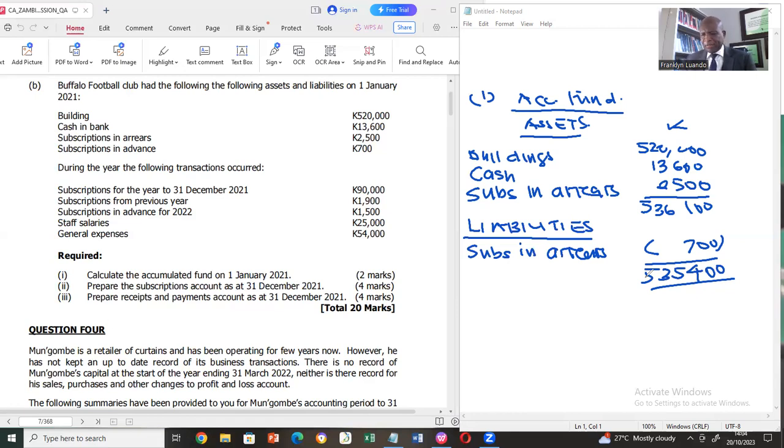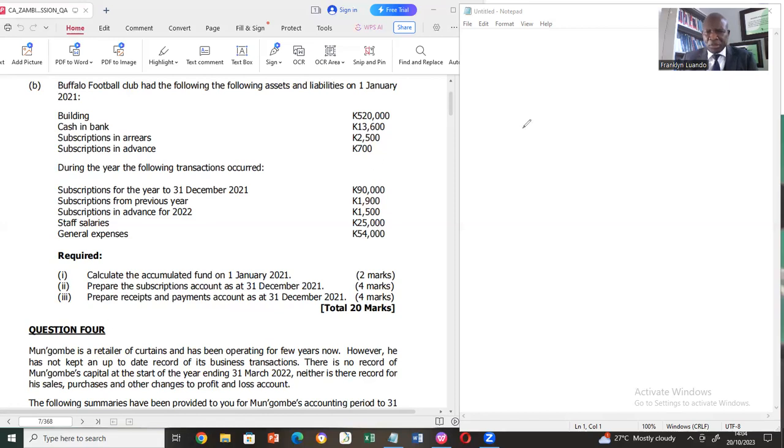Now we go to the subscription account. The subscription account here will be, let me create some space. Subscriptions account. This is the debit side. The credit side.